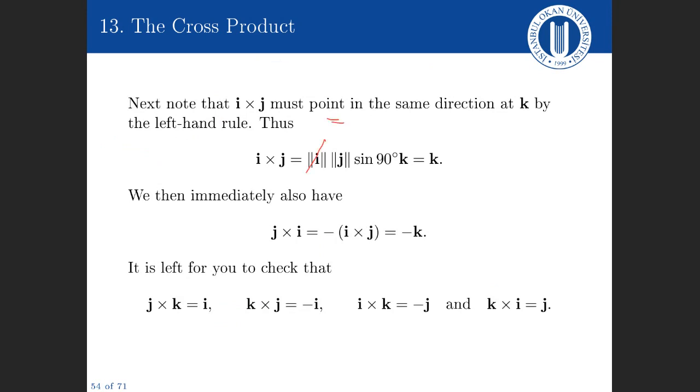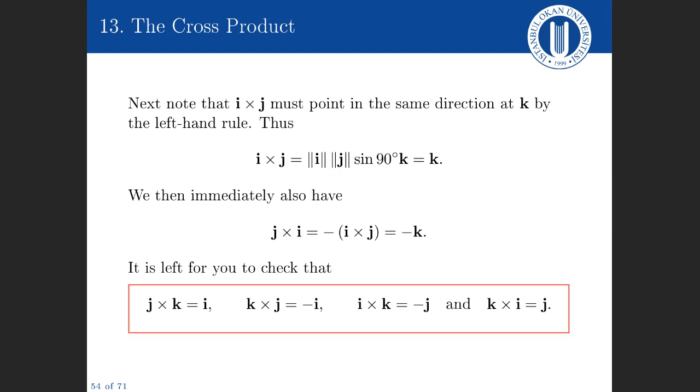Well, norm of I is equal to 1, norm of J is equal to 1, sine 90 degrees is equal to 1, so I cross J must be just equal to K. As soon as we know this, we know that J cross I must point in the opposite direction, so it must be minus K. For the other 4, I'm going to leave it for you.